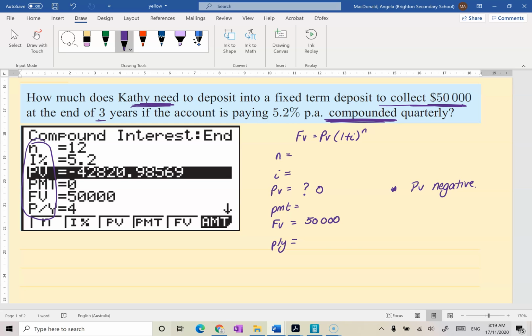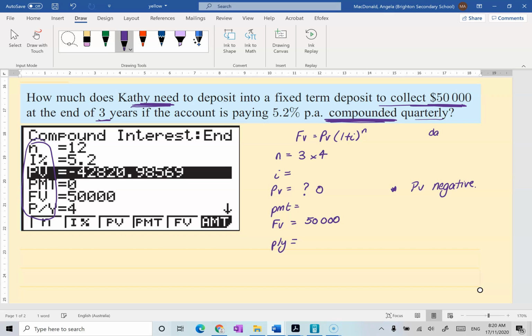Okay, and it says here we go 3 years. So we go 3, but now we have to check how many times it is compounding. And because it's compounding quarterly, then we must times that by 4. If it was compounding monthly, then we would times by 12. Compounding daily, times by 365, etc. Okay, so let us just remember a couple of things.